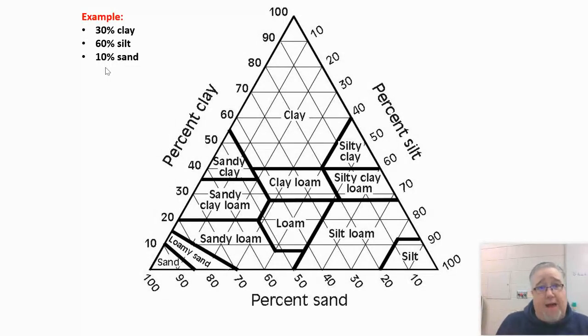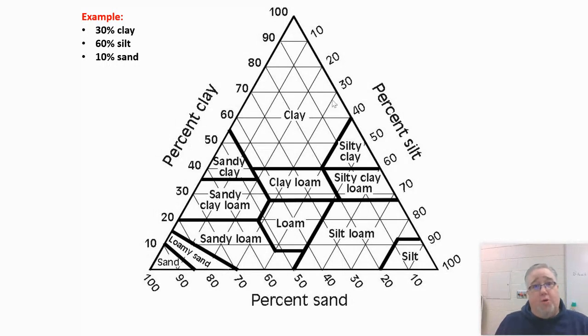So what you've got to do is just pick one of these percentages. It doesn't really matter which one you pick. I'm going to go ahead and start with clay. All right, so 30% clay. If you look at this triangle, there's three sides to it. Find the clay side.